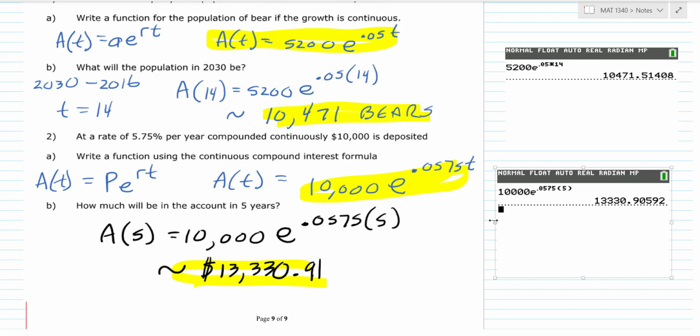So it's 14 years later. That was great. 10,471. There you go. Just take off the decimal since you need a whole number on that. On the second one, you want to round it to 2 decimals since it's money. Put that one in 2 decimals. Okay, nothing to it, if you know how to use your calculator and understand how the formula works.